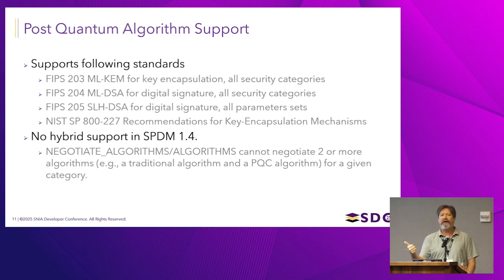So we didn't have to wait for X509, but we did have to wait for 800.227, because it's nice to publish the algorithms, but what are the parameters for that algorithm that have been tested and validated? For those of you that are familiar with all of that, you understand. But rather than wait for anybody else's usage of it, we waited for 800.227 to tell us all the valid values that we needed for any of the algorithms.